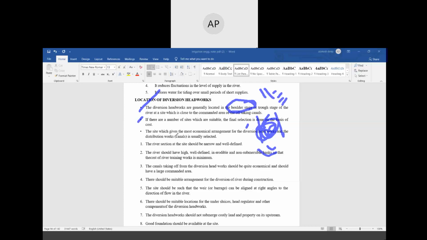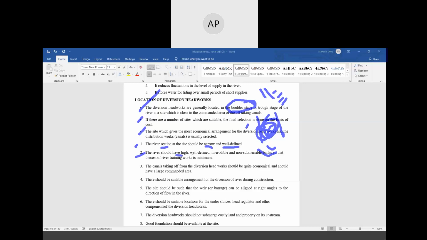Next, if there are a number of suitable sites, the final selection is done on the basis of cost. The site which gives the most economical arrangement for the diversion headworks and the canal is usually selected. The river section at the site should be narrow and well defined.